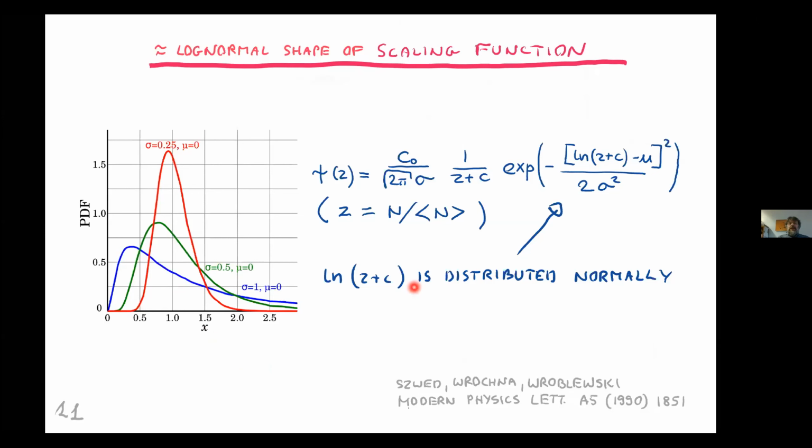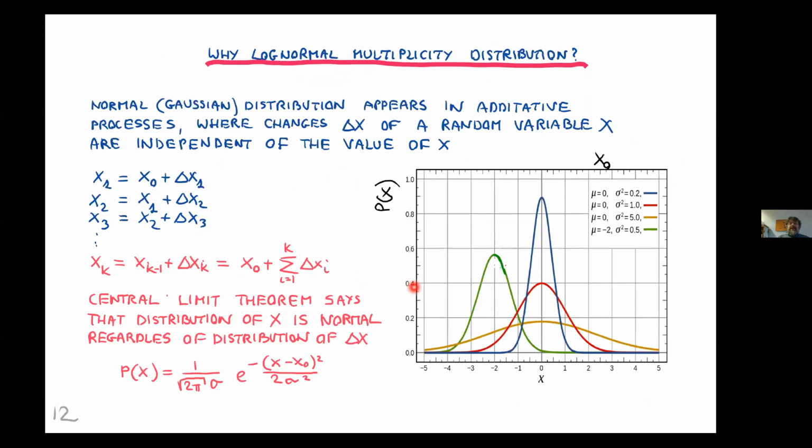Now, does it make sense? Why do we see in data a lognormal multiplicity distribution? So this is again kind of an elementary introduction. The normal Gaussian distribution appears in additive processes where the changes of the quantity x, these changes in each step, delta x, are independent of the value of x.